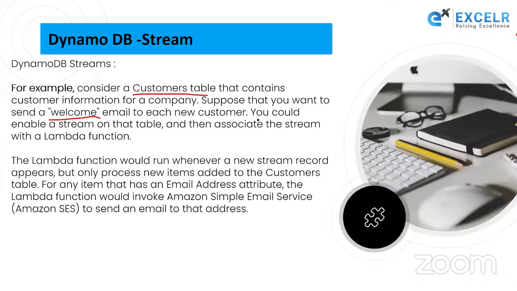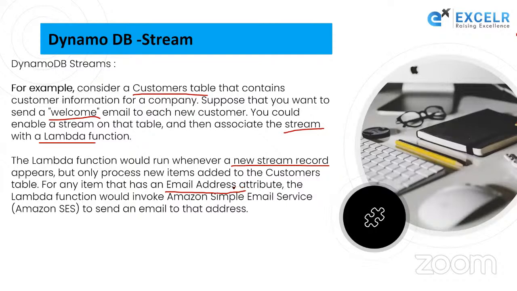You enable DynamoDB Stream on that table and then associate that stream with a Lambda function. The Lambda function would run whenever a stream record for a new item is captured, and it will process that new item of the customer table only when it has an email address attribute in it.